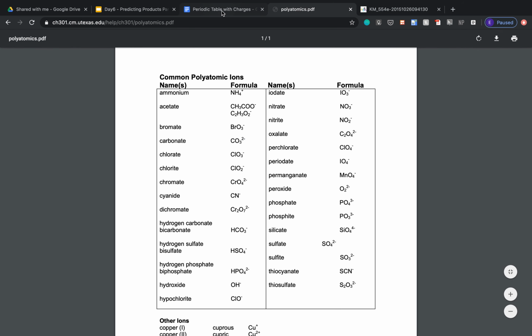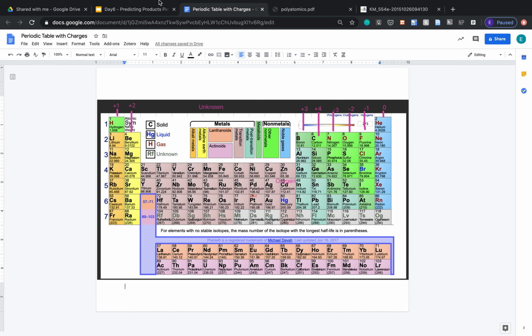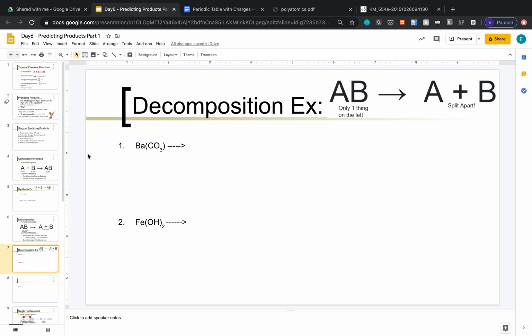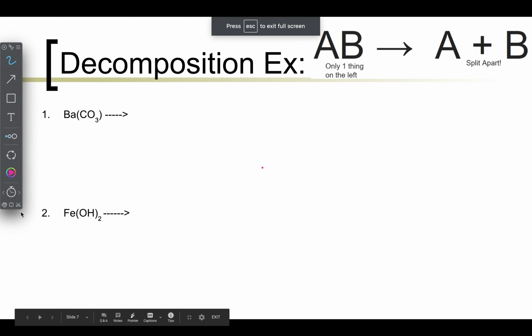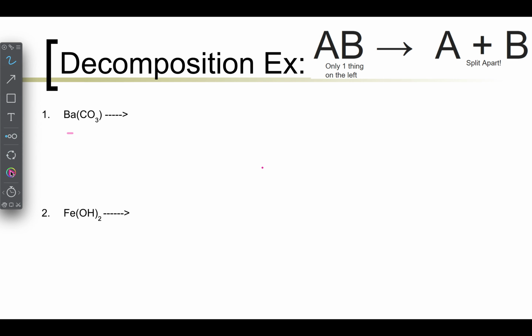So then we can go right back here and we can write in barium 2+, and we know that CO3 is 2-.